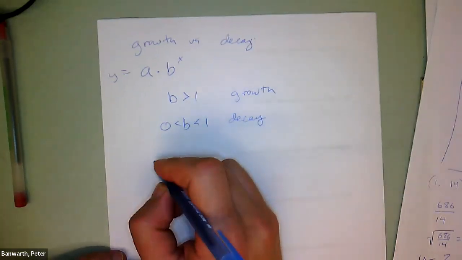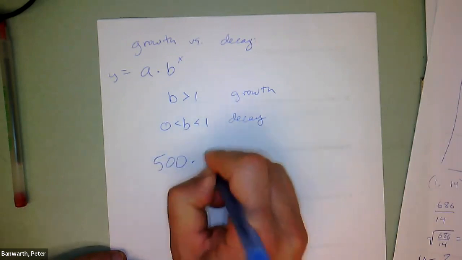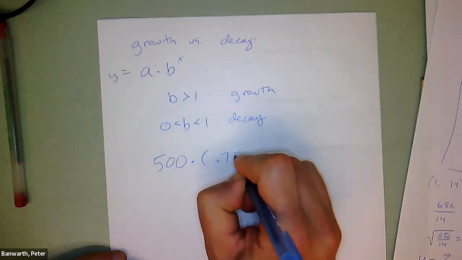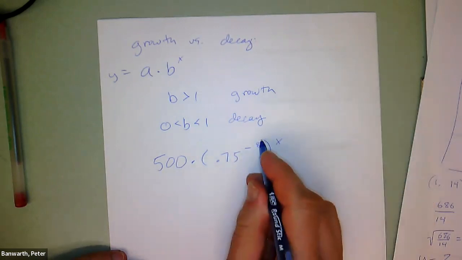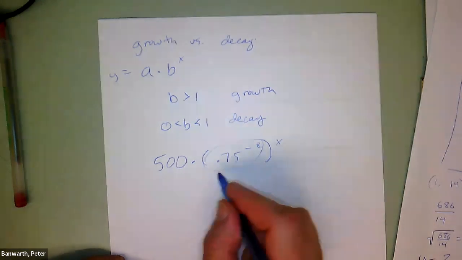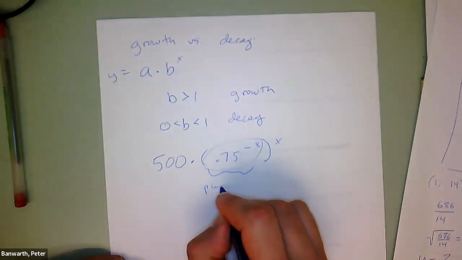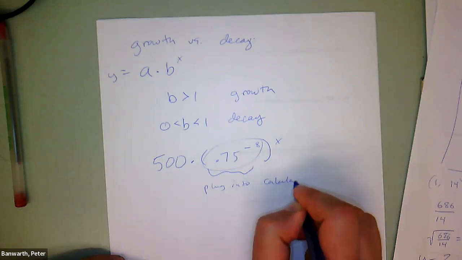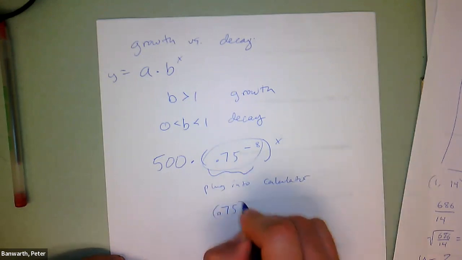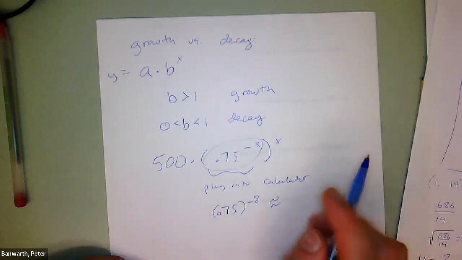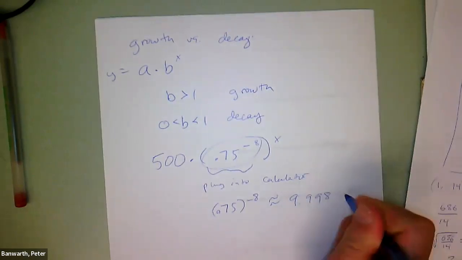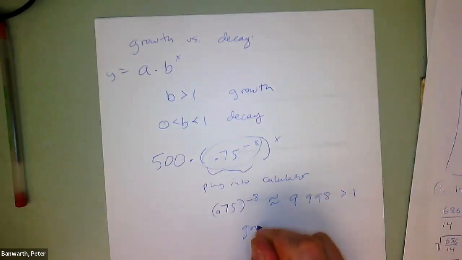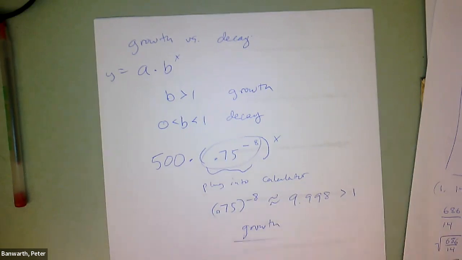So if I give you a funny, weird looking base like this, just plug this into your calculator. 0.75 to the minus 8 is approximately 9.998, which is bigger than 1, so it's growth. That's all you have to do.